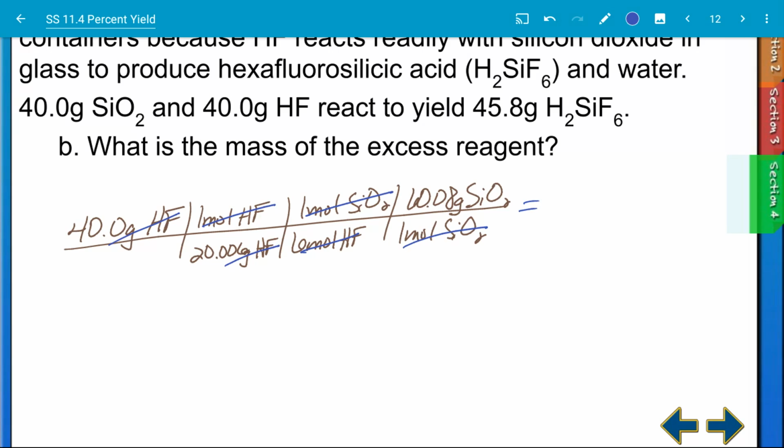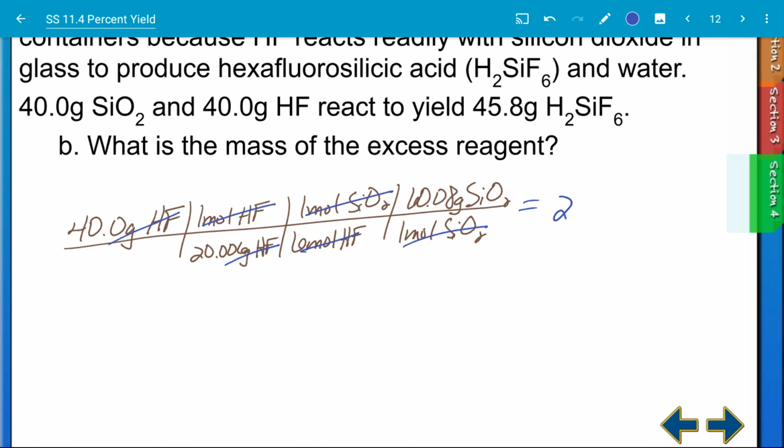So I'm going to say 40 divided by 20.006 divided by 6 multiplied by 60.08 equals 20.02. But this is 3 significant figures, 20.0 grams of silicon dioxide.